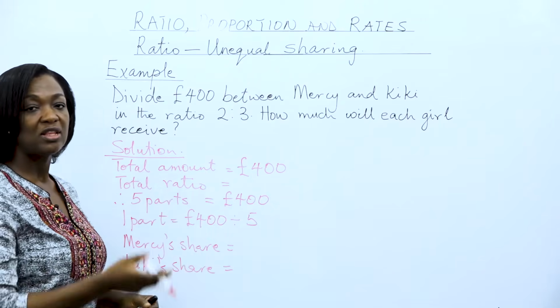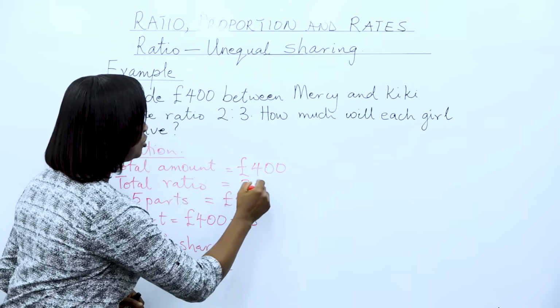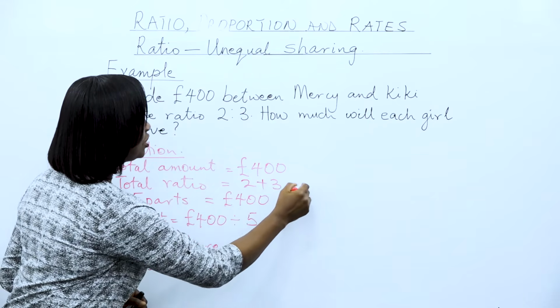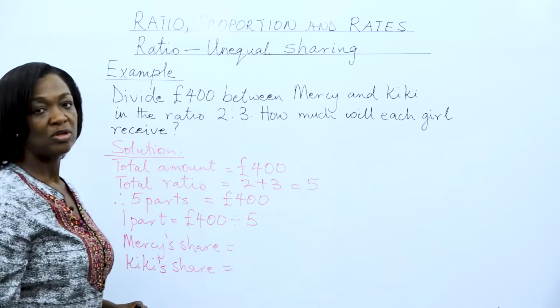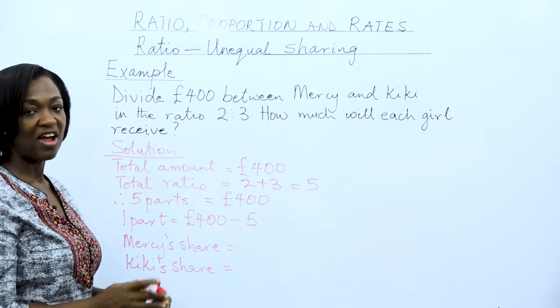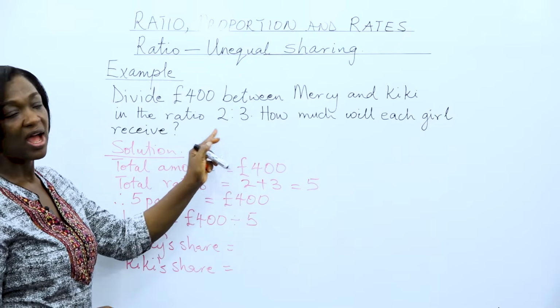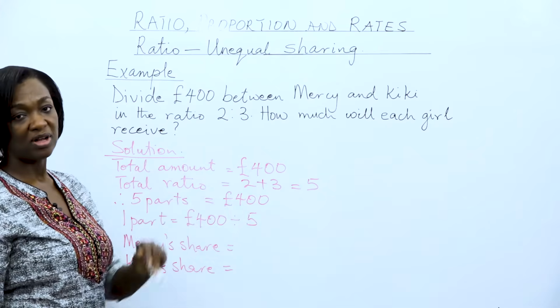So you find the sum of the ratios. So total ratio is equal to 2 plus 3, which is equal to 5. So we're going to split the money into 5 parts. And from the 5 parts, give Messi 2 parts and give Kiki 3 parts.